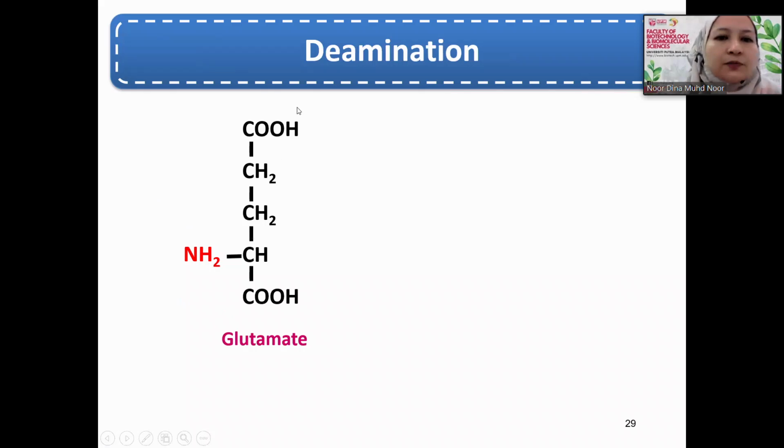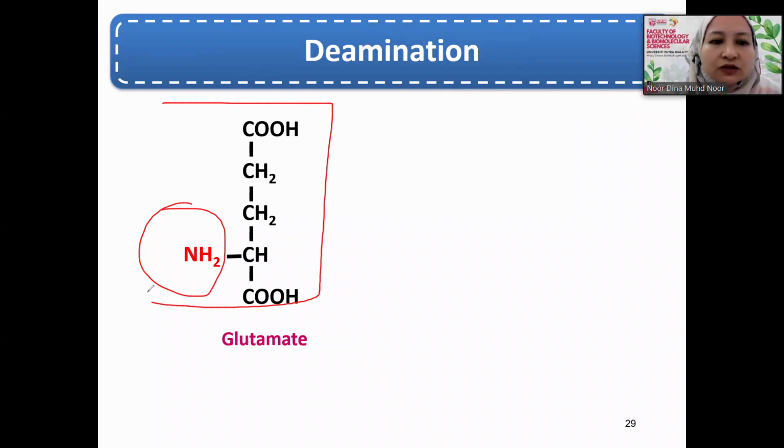All right. So this is the process of deamination that we discussed before, where we remove this amino group here, which comes from the glutamate.